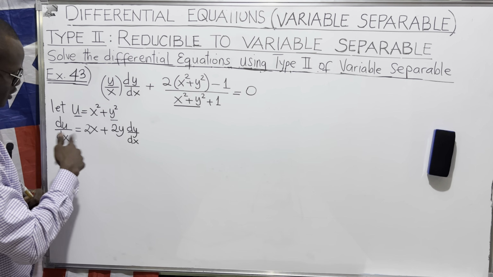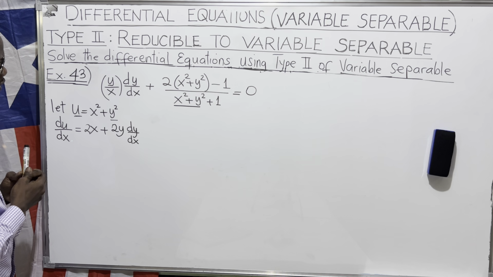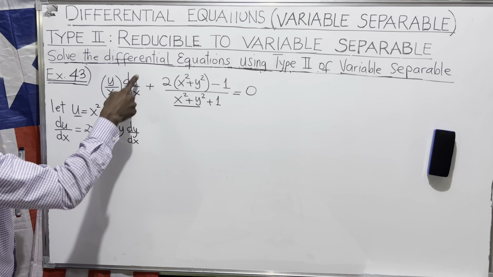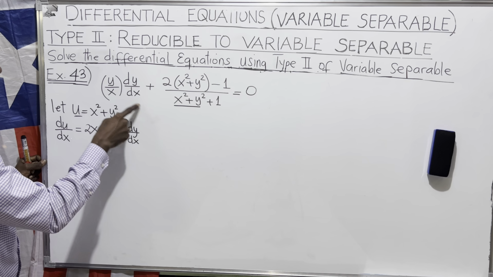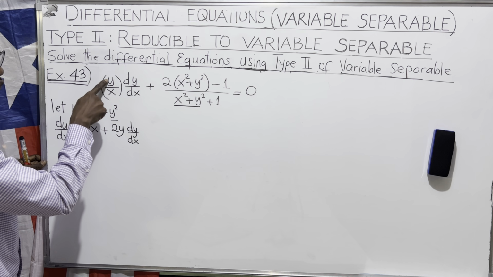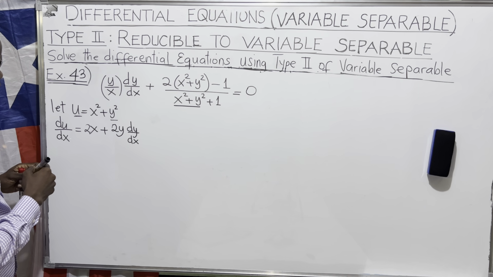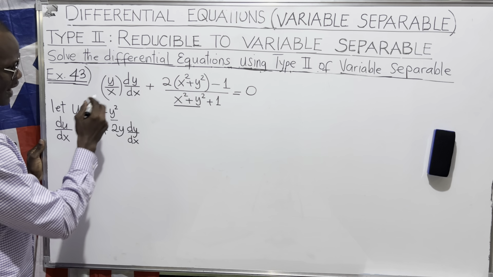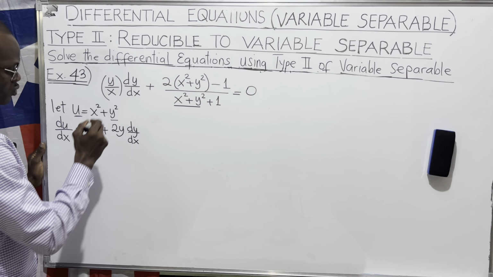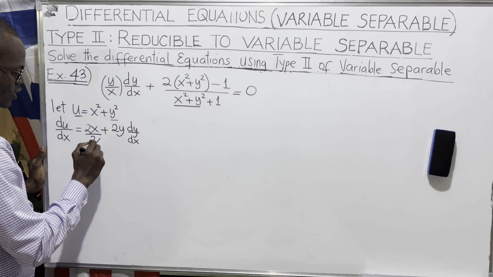So from this differential equation, we can solve for dy by dx, but dy by dx has a coefficient of y over x. So we can think of dividing all sides because x is in the denominator. So we can divide all terms by 2x.